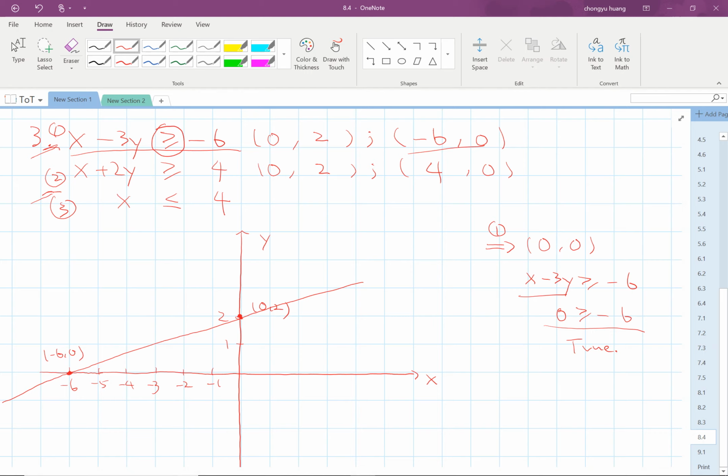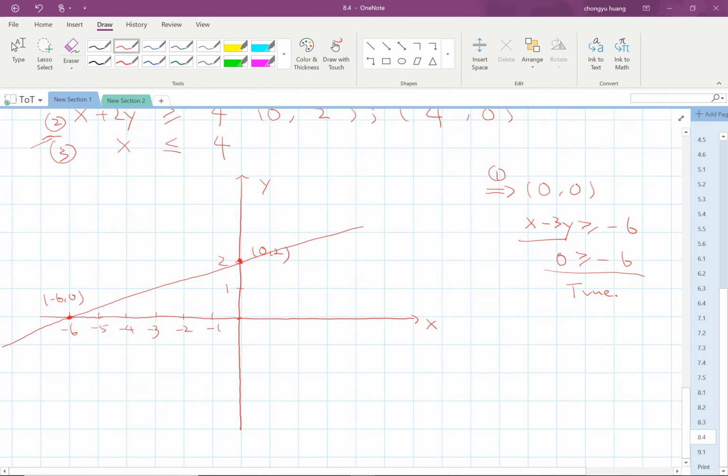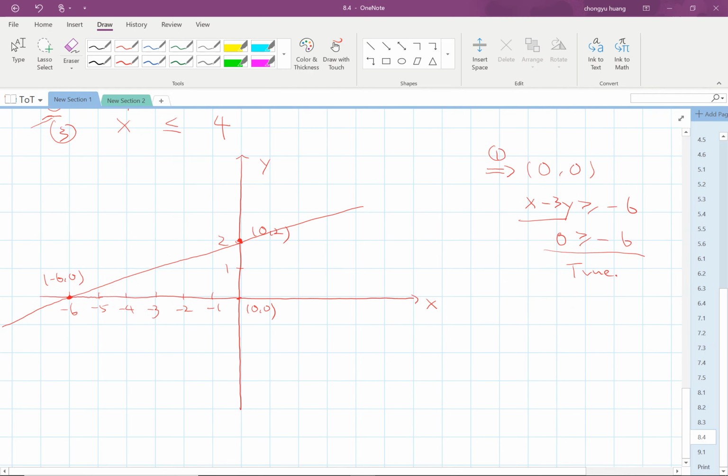So we have to include the area of 0, 0. I always forget to include the point.